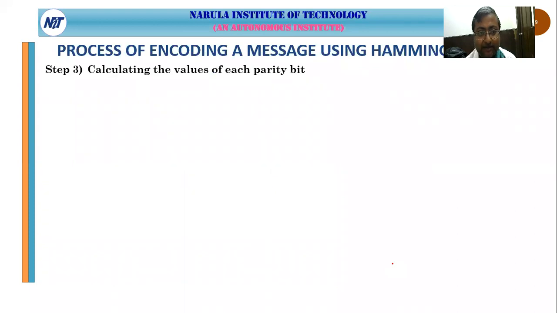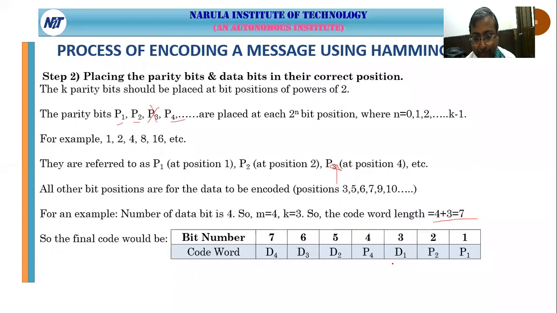Now come to the third step, calculating the value of the parity bits, because we know all the data bits D1, D2, D3 and D4. But we don't know the P1, P2 and P4, because the sender sends the parity bit by following a rule. It should not be random 0 or 1.